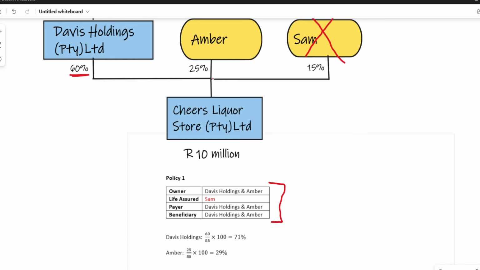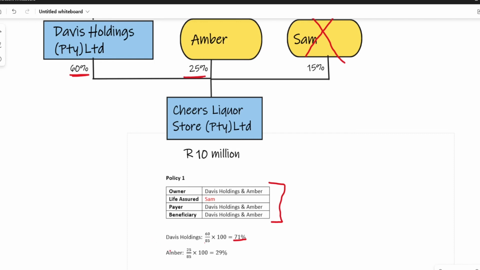And now it is out of their shareholding with the other owner of the policy, which is, in our case, Amber. So if you take 60 plus 25, gives you this 85 down here. So 60 divided by 85 times 100, converted into a percentage, gives you 71%. So that's the split concerning Davis Holdings as a company.